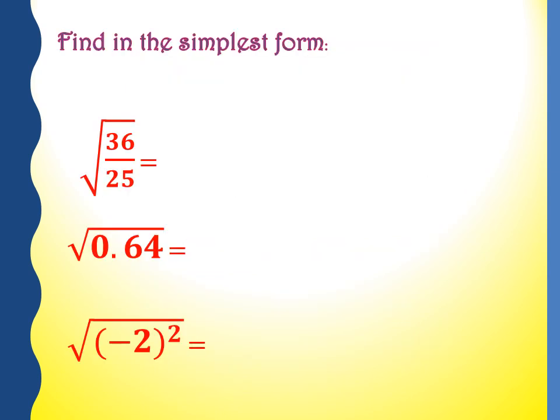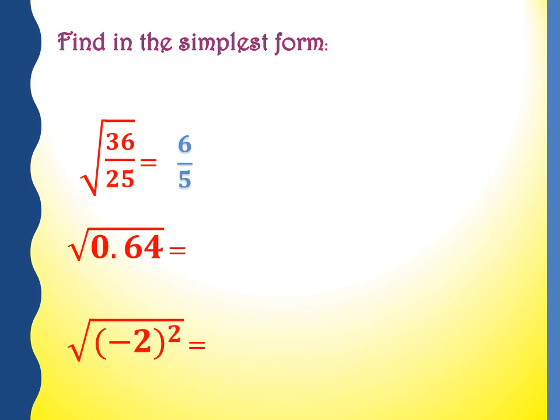Here we have some examples to find the square root. Here, the square root of a rational number, root 36 out of 25. We can distribute the root as we distribute the power, then it equals root 36 out of root 25. Then the answer is 6 out of 5.